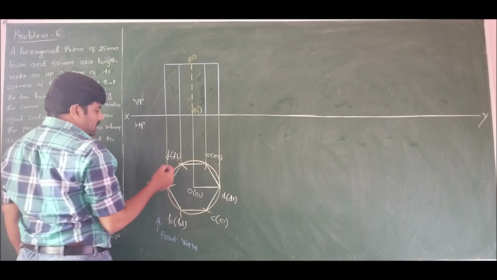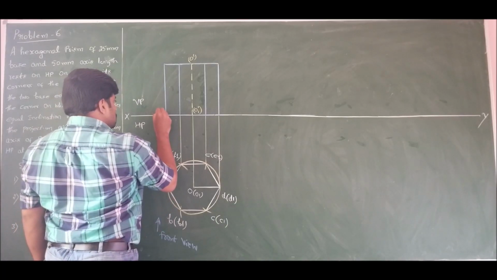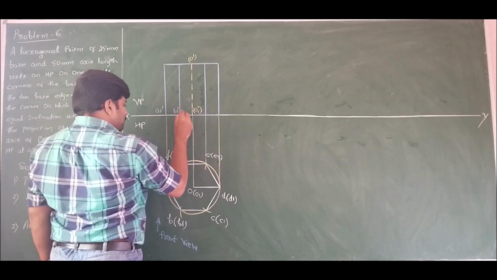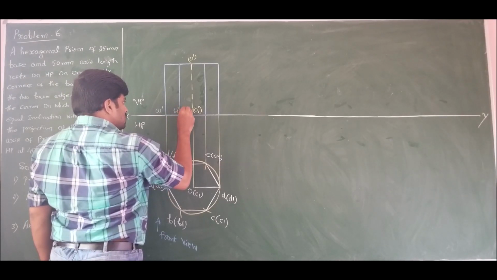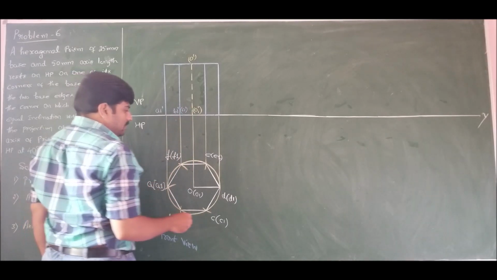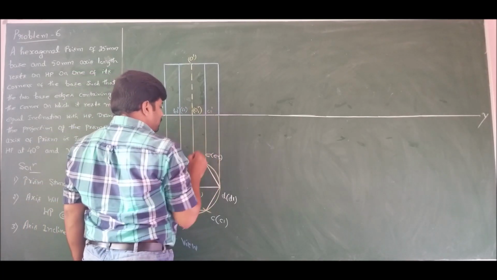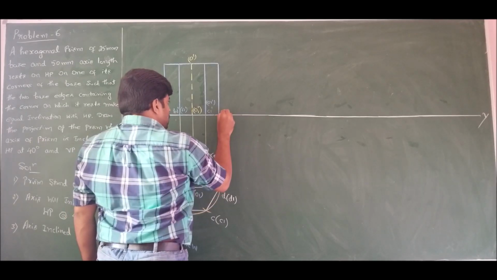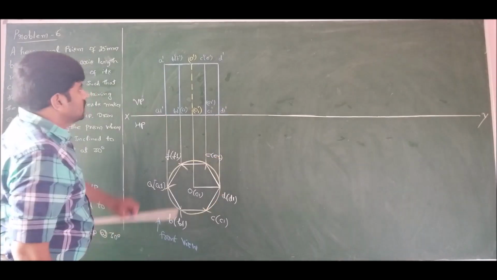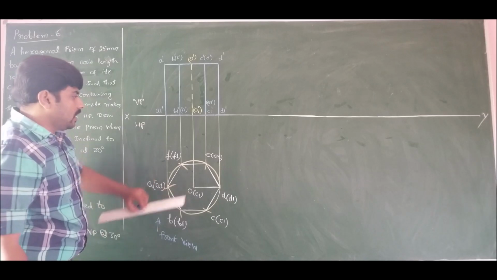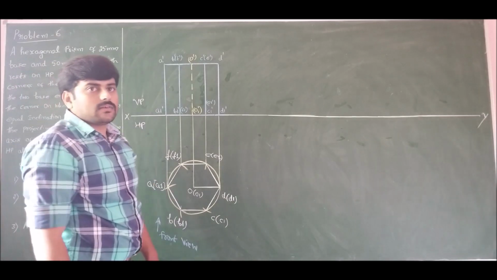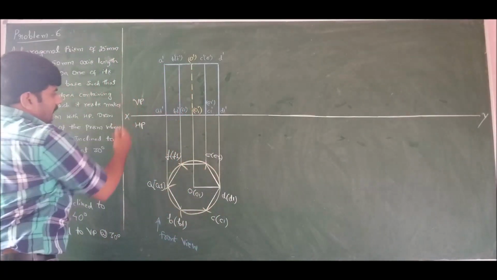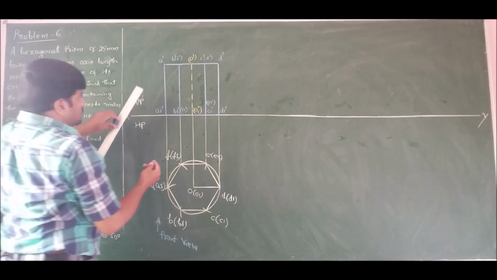Now marking the corners: A1 prime, B1 prime, F1 prime is invisible, C1 prime, E1 prime is invisible, we have D1 prime. So this completes the front view and top view of the hexagon in the first position. Now mark the axis length and edge length of the base.